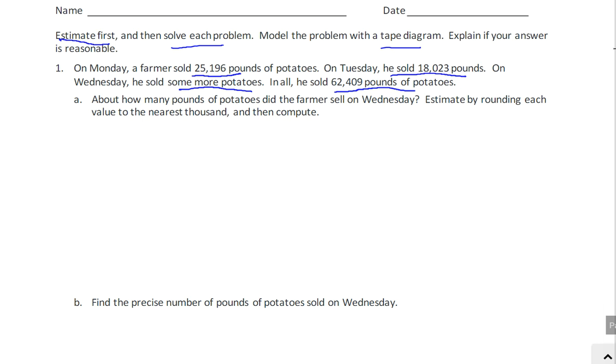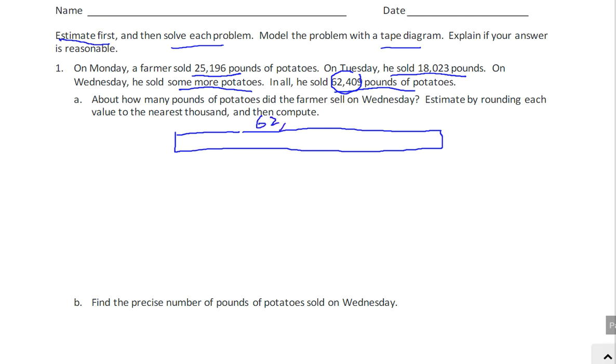Well, a lot gets lost in all that verbiage, but one thing that we do know for sure is the total amount that he sold, so let's pop that total amount in, the whole shooting match. The whole thing was 62,409 pounds. That's the full shooting match of all of them together.